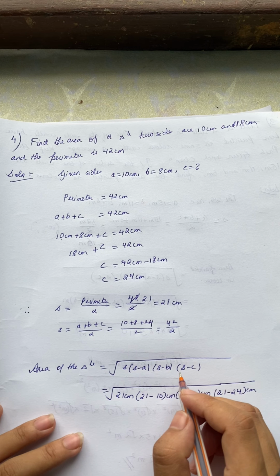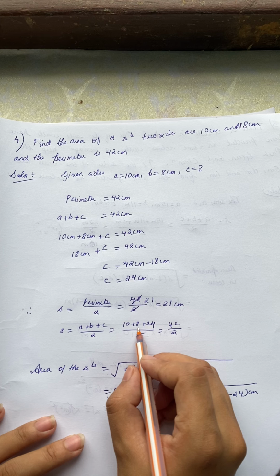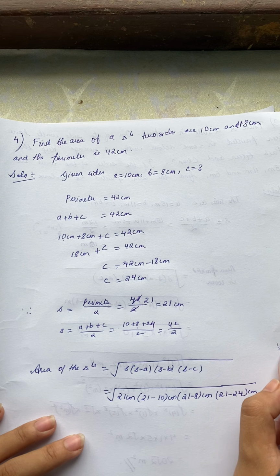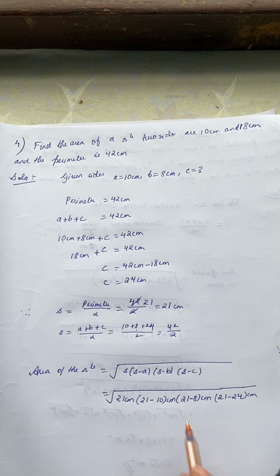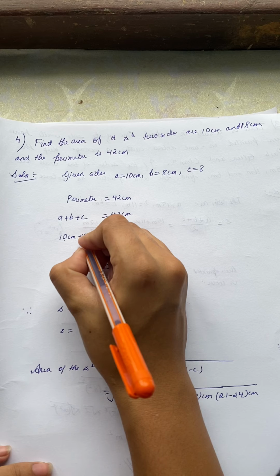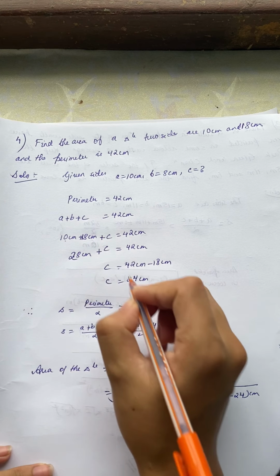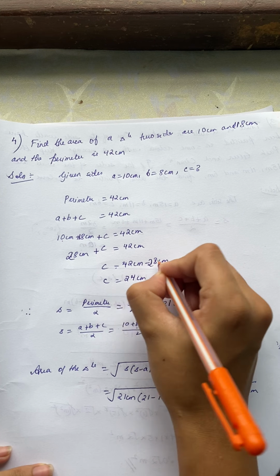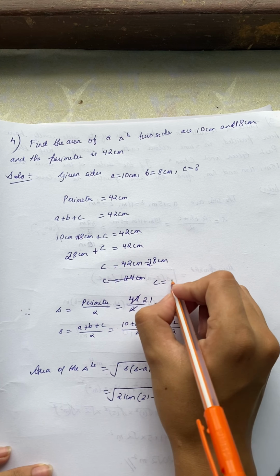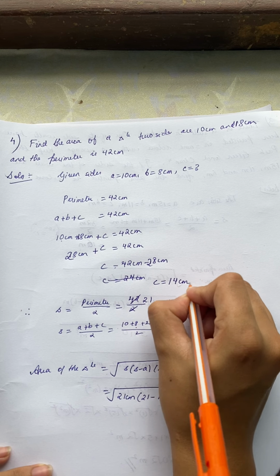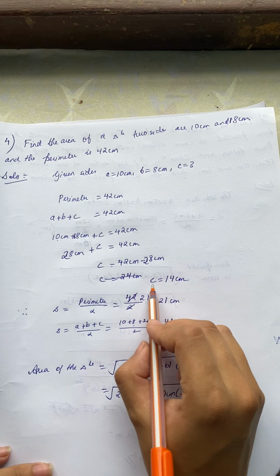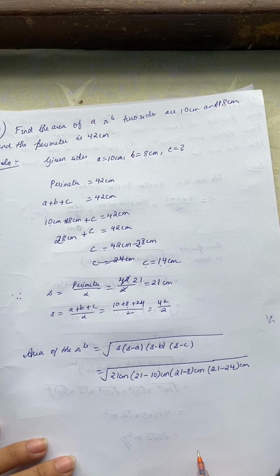Okay, it's 18. 18 plus 10, yes, so we have made a mistake. This is going to be 18, so this is going to be 28, all right? My mistake here, 28. So that means C must be equivalent to 14, okay? 14 centimeter. Clear? I've made a mistake there.